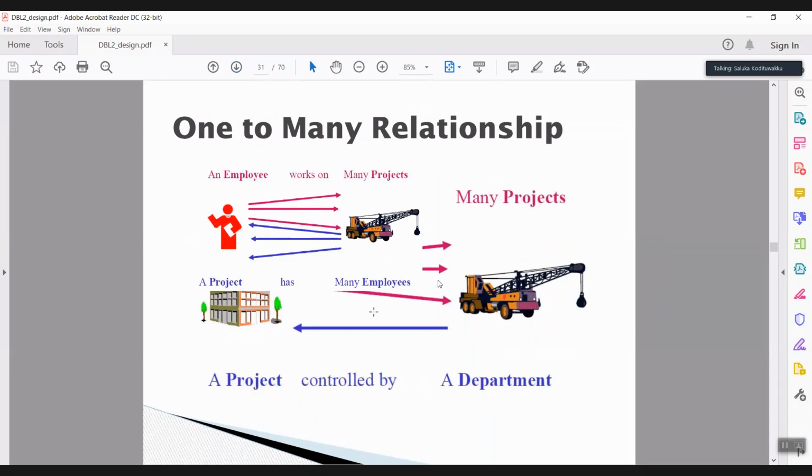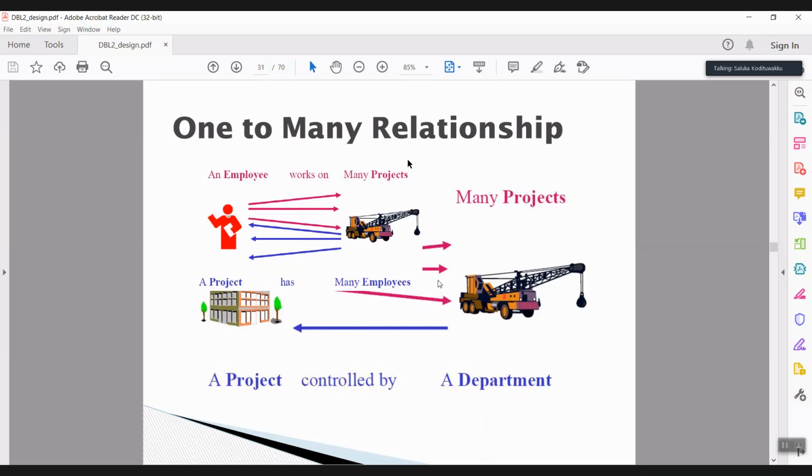But when we say one-to-many relationships, on one side there is only one instance involved, whereas on the other side multiple instances are involved. For example, an employee works on many projects.